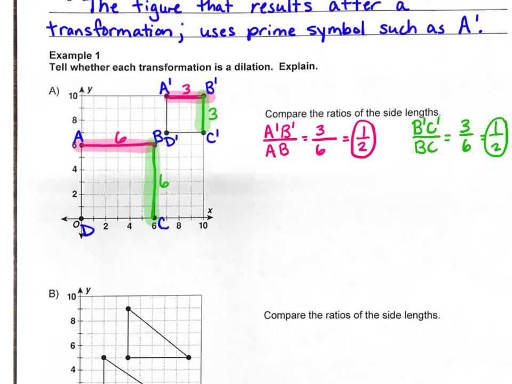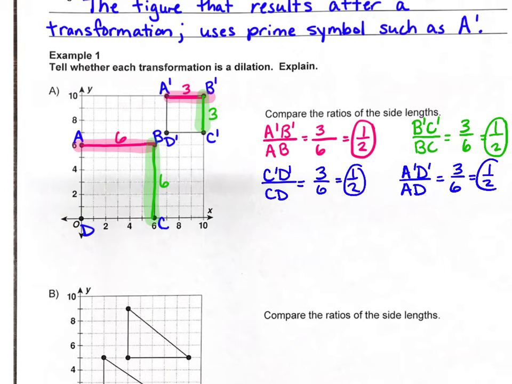I'm going to go ahead and finish that out. If we take C prime, D prime over CD, then we get 3/6, which is 1/2. If we take A prime, D prime over AD, we get 3/6, which is 1/2. So yes.